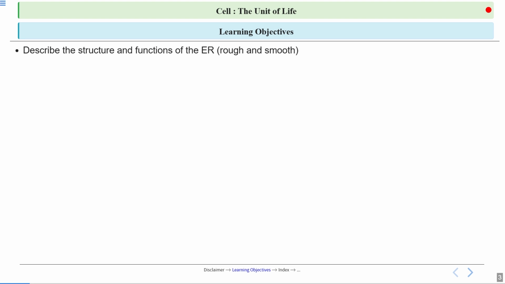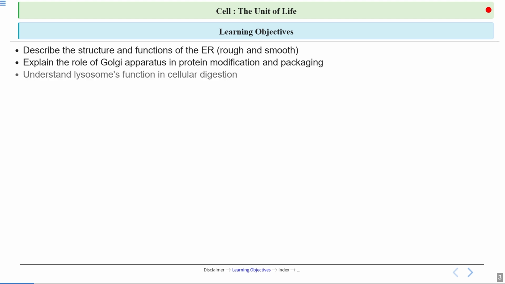So what are the objectives of today's session? Today we will be talking about the structure and functions of the endoplasmic reticulum. We'll talk about rough endoplasmic reticulum and smooth endoplasmic reticulum. We'll also study the role of Golgi apparatus in protein modification and packaging. These organelles are very important.